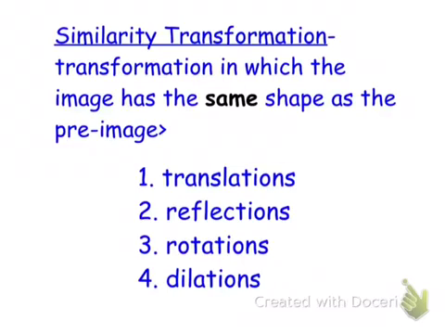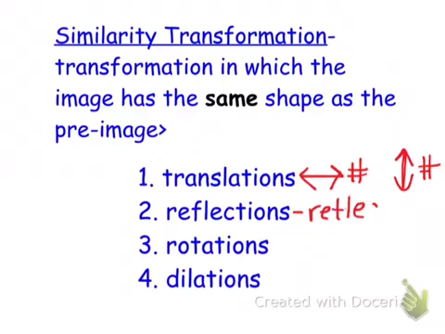Whenever you discuss a translation, be sure to include how far it shifts left or how far it shifts right. So talk about the number it shifts left or right, or the number it shifts up or down. That's how you're going to describe a translation. When you describe a reflection, be sure you include the line of reflection or what you're reflecting over.